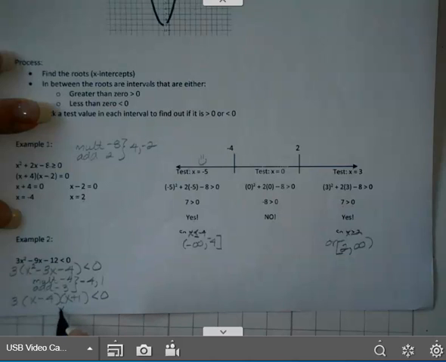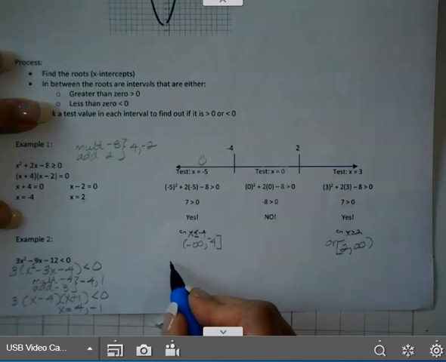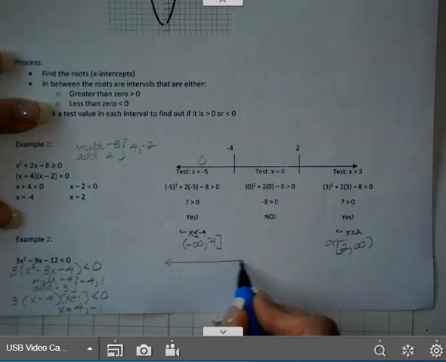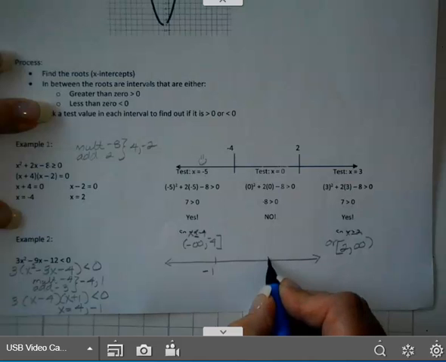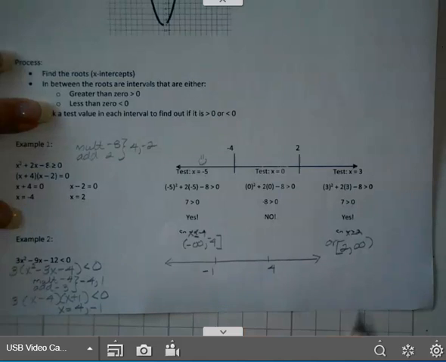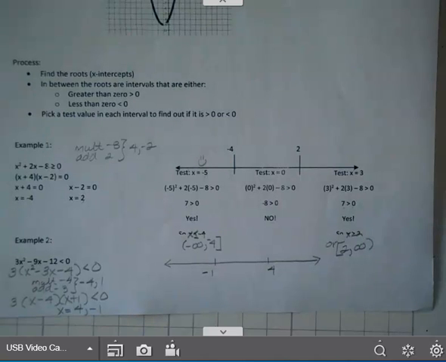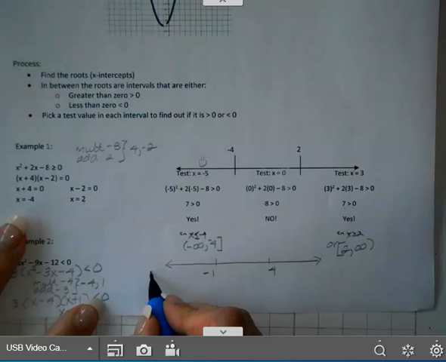And so my intervals I want to break into, I want a 4 and a -1. So let's go ahead and make our number line over here. And I'm going to put -1 here and 4 here. So I want to test a point that is smaller than -1, so maybe I'll pick -2.